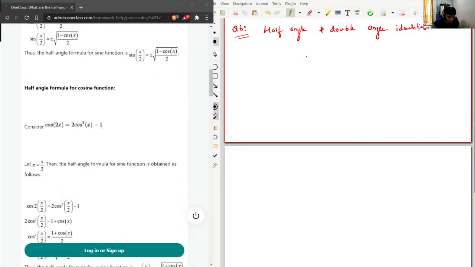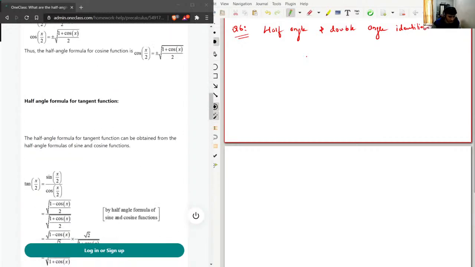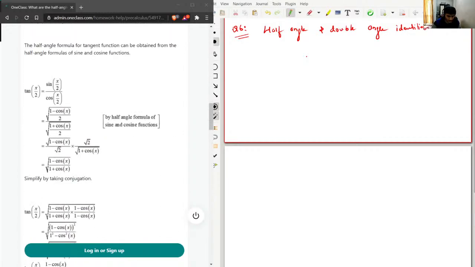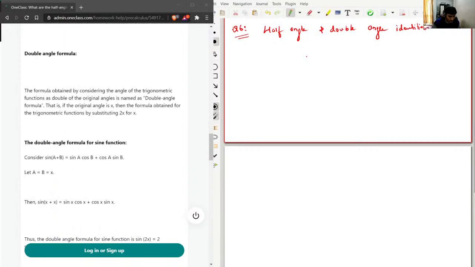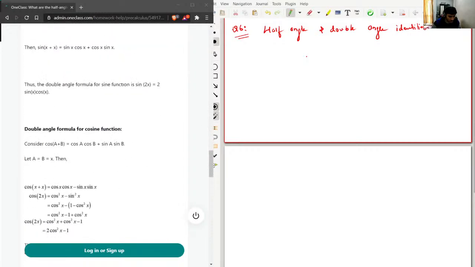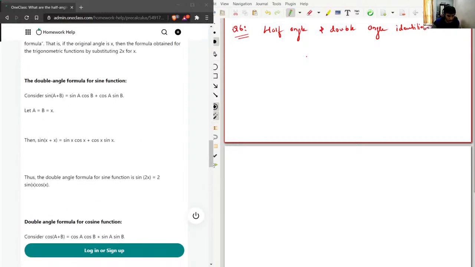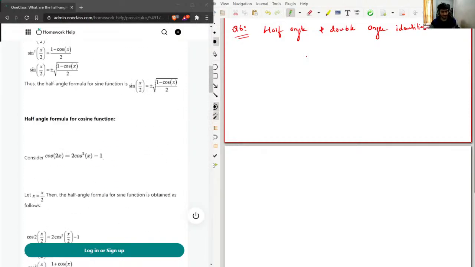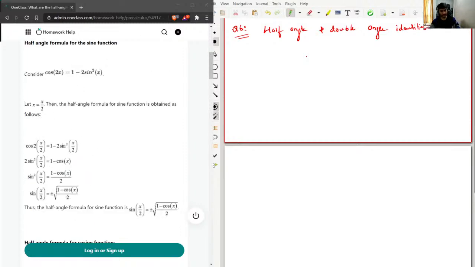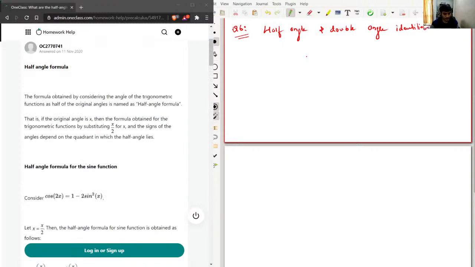Okay, half angle for cosine, and here they have calculated half angle for tangent function, and double angle formulas, double angle cosine. First I'll start with double angle because they have obviously given a very lengthy solution here. So first I'll start with the double angle because people are more familiar with double angle identities.